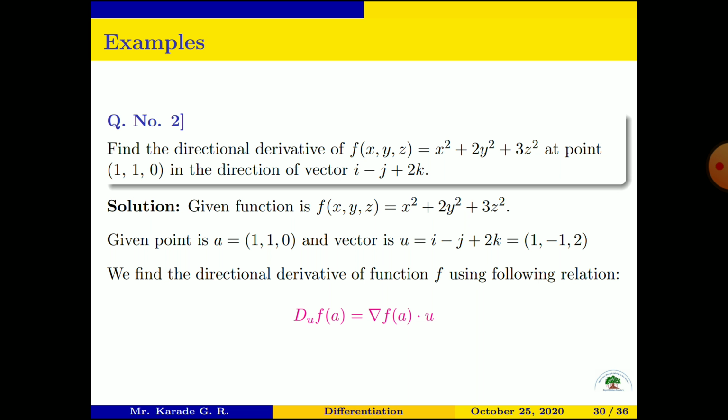D_u f of a is equal to the gradient of f of a dot product with vector u. Once again, the directional derivative of f at point a in the direction of vector u is equal to the gradient of f at a dot product with vector u.